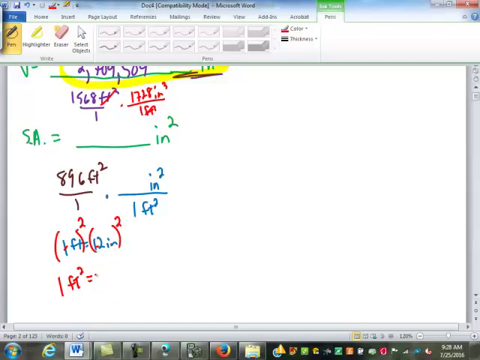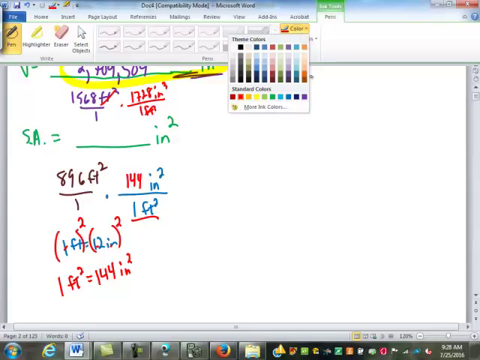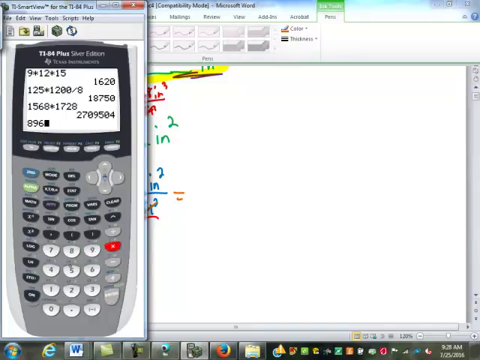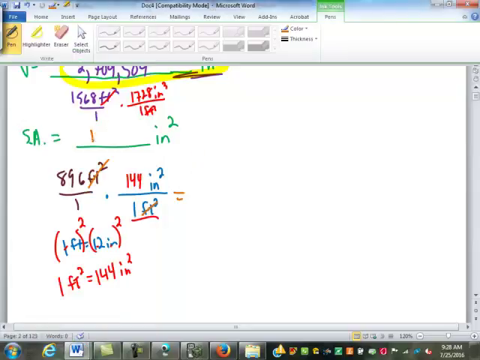What's 12 squared? 144, good. An inch squared is just an inch squared or square inch. So 1 square foot equals 144 square inches. So then the square feet cancel out. This is 896 times 144, which gives us 129,024 square inches. Does that look familiar at all? A little bit.